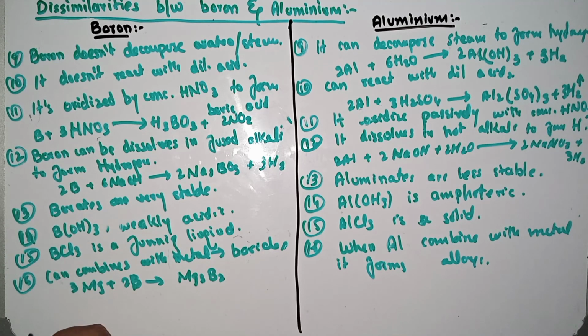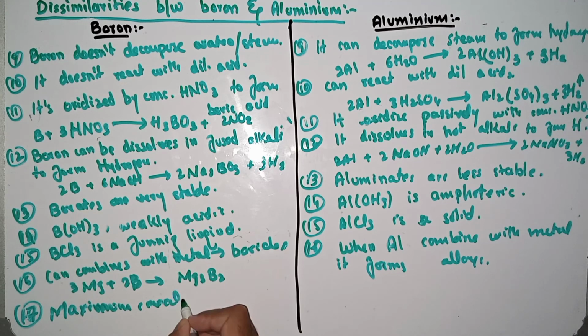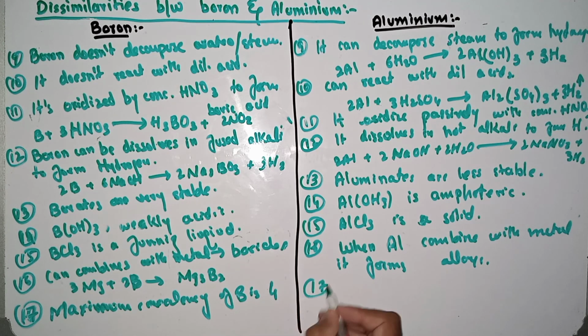Also, the maximum covalency of boron is 4, while the maximum covalency of aluminum is 6.